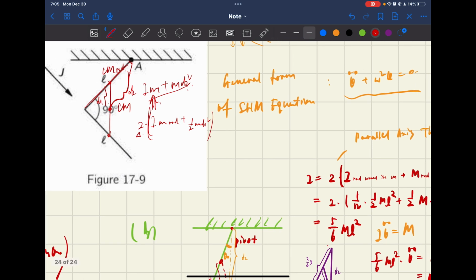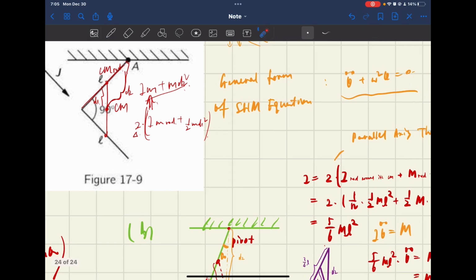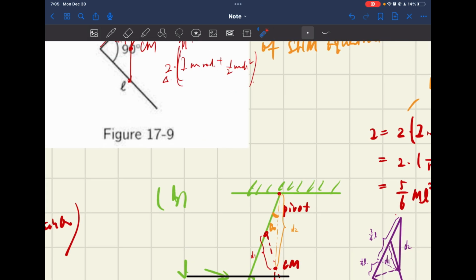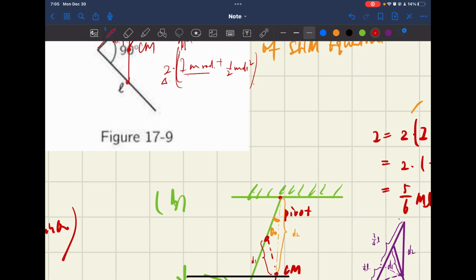Okay. So this is step by step how we calculate the moment of inertia around the pivot A. Actually, for the I_CM rod, this term can be simply derived from the definition, because you see this is a rod and has CM here.